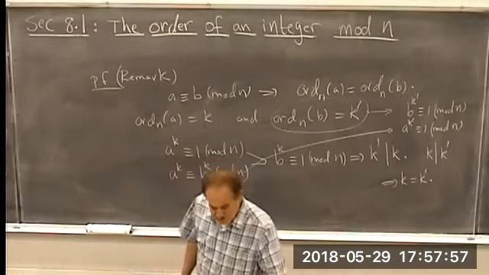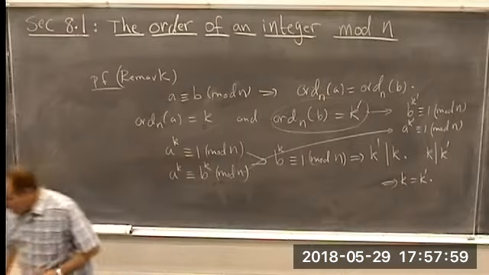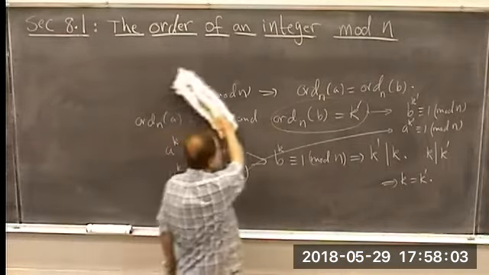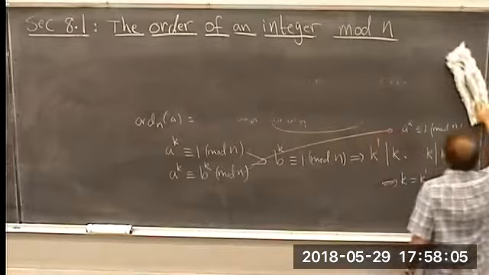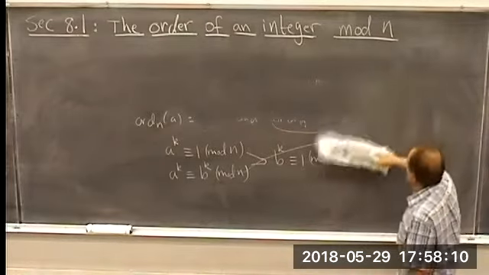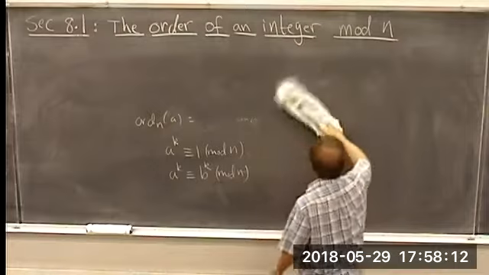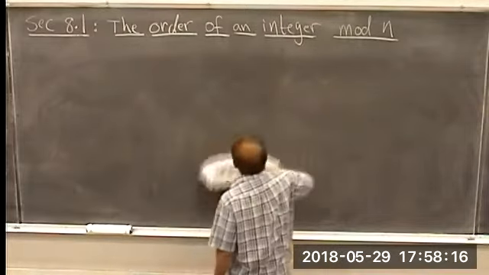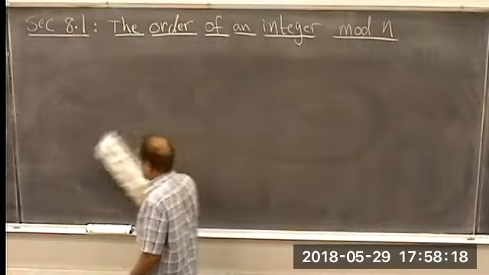All right. Here's another corollary to the theorem. Because we know that A to the phi of n, for any integer A relatively prime to n, is congruent to 1, that's Euler's theorem.